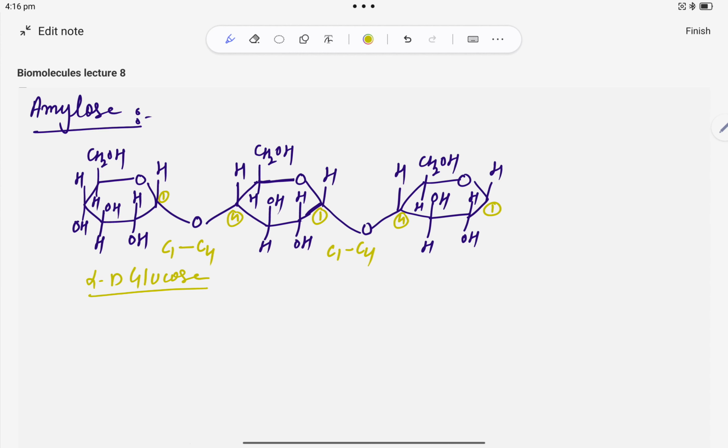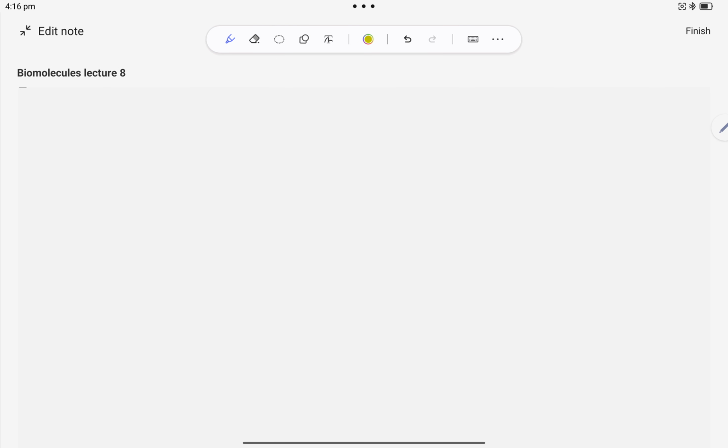Next, amylopectin. In the case of amylopectin, C1 C4, at the same time C1 C6.